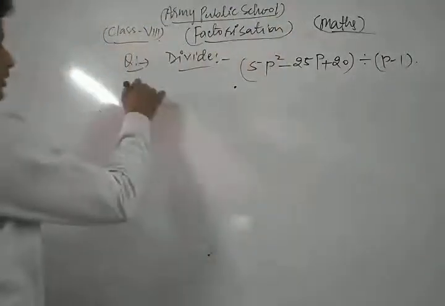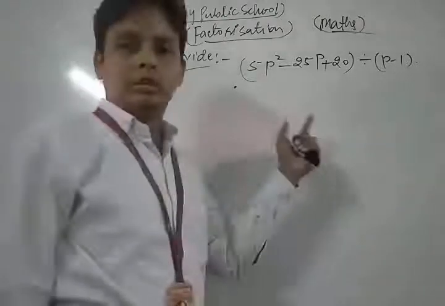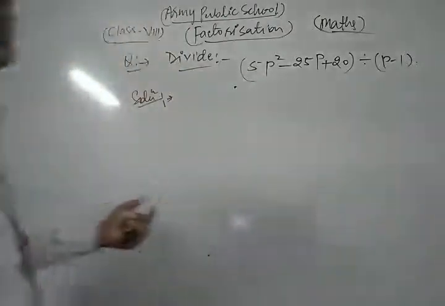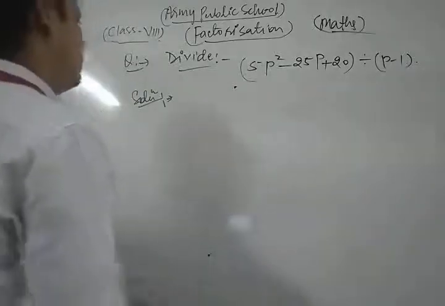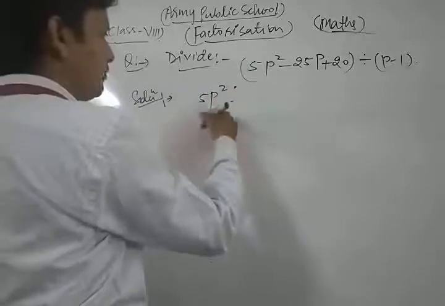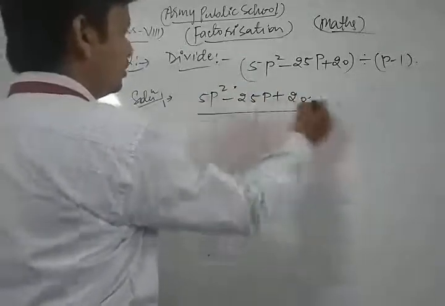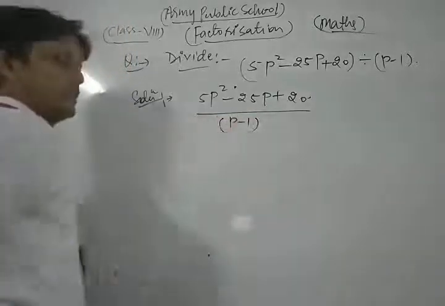Now let's see its solution. This is a very important question. First of all, we write the given polynomial 5p square minus 25p plus 20 upon p minus 1 as it is.